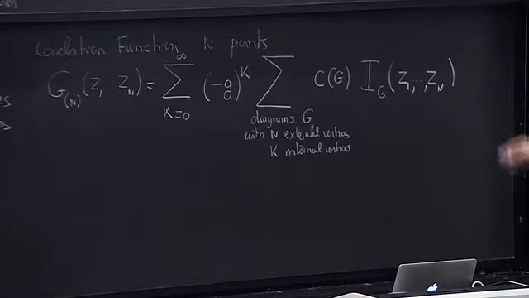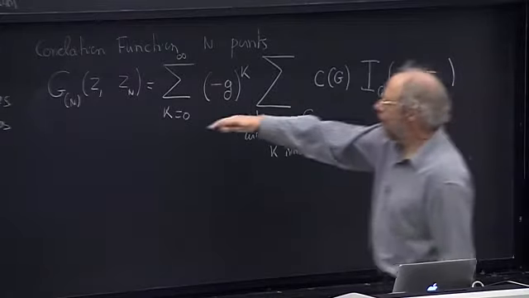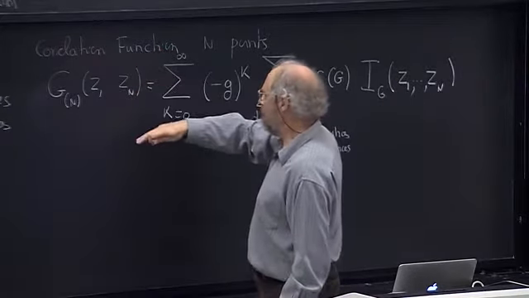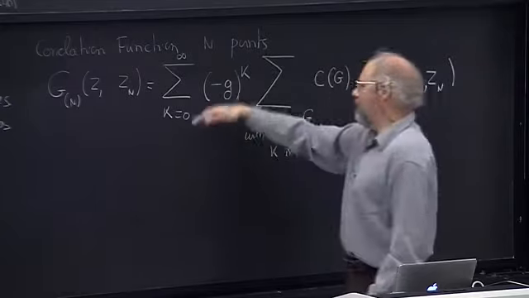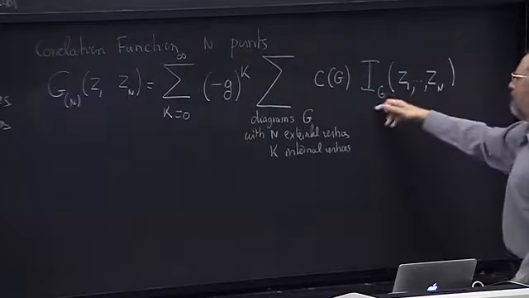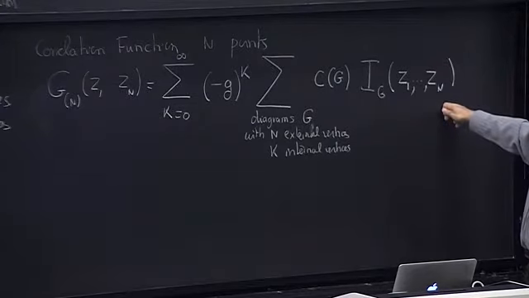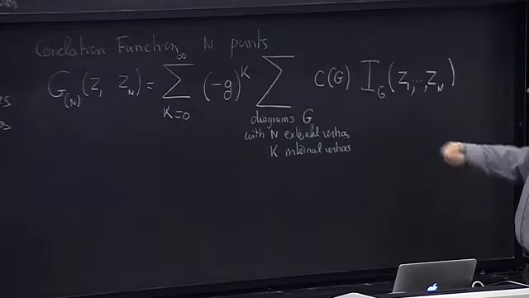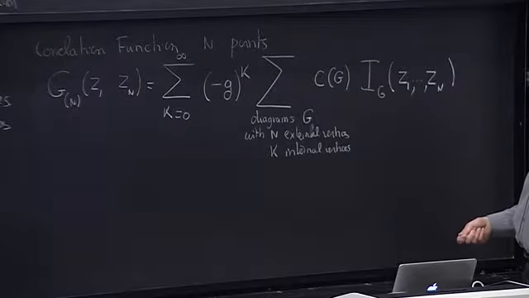So by definition, take the correlation function as defined in perturbation theory as a formal power series in g of the amplitude associated to all the possible diagrams. So that's what perturbation theory tells us.